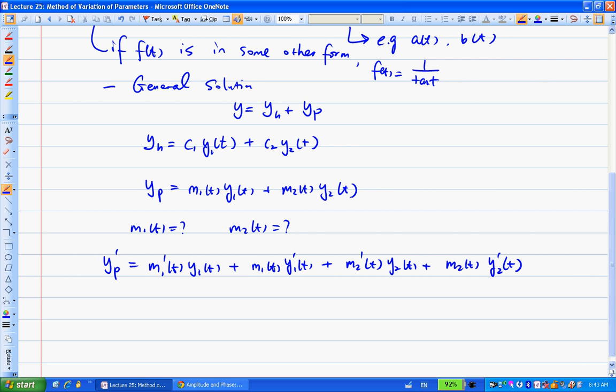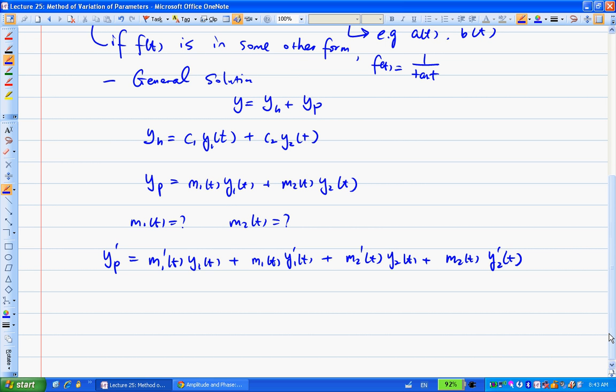So we keep calculating the second one, yt double prime. That works the same way as what I'm going to show you next, but the writing is a bit long. Before I calculate yt double prime, I look at this expression. I have one term about the derivatives of m1 and m2, and the other two about the derivatives of y1 and y2.